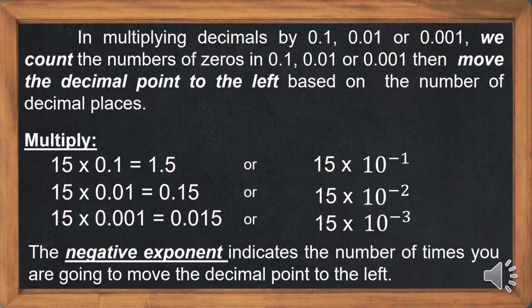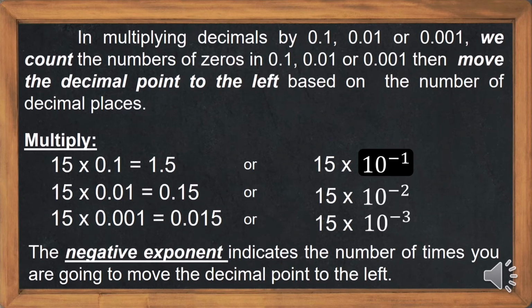Remember that the negative exponent indicates the number of times you are going to move the decimal point to the left. Halimbawa, itong 10 to the power of negative 1, isang decimal place lang tayo mag-move para maglagay ng decimal point. So, in the case of 15 times 0.1, nagiging 1.5 siya.